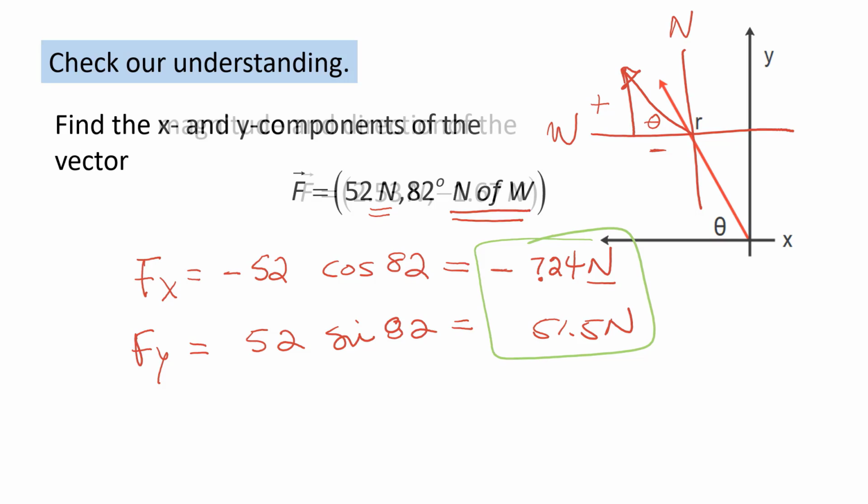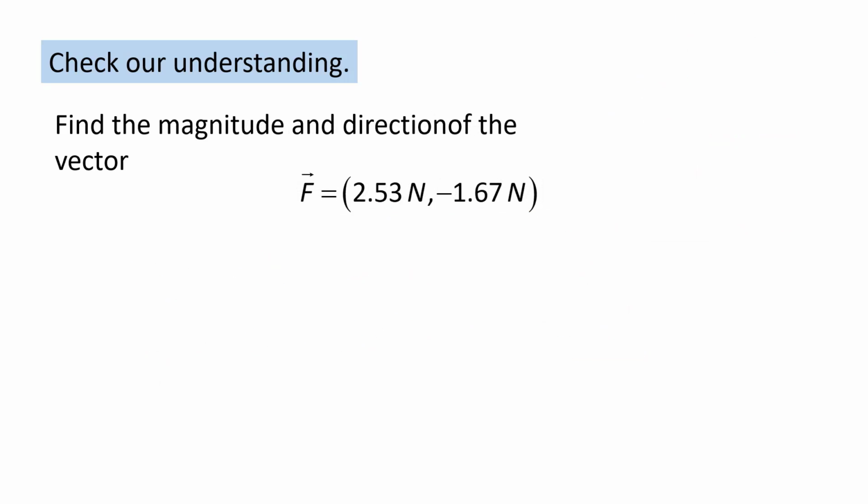Let's try another. Here we're given x and y components of a force vector, and we're asked to find the magnitude and direction of the vector. Proceeding then, the magnitude of this vector. I'm being very persnickety with my notation here.